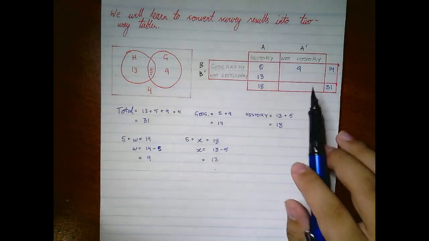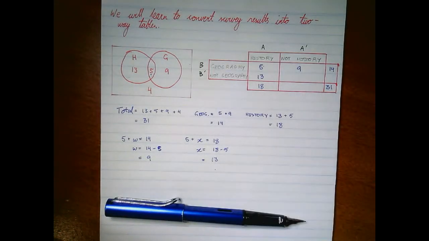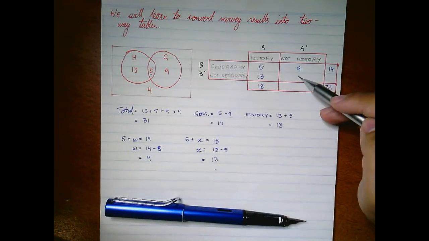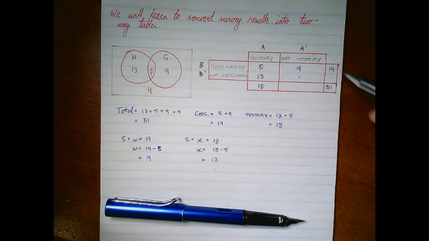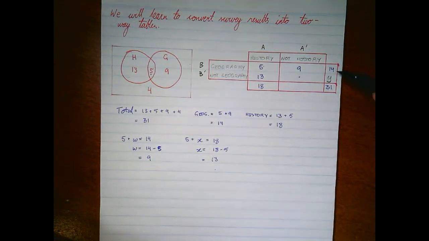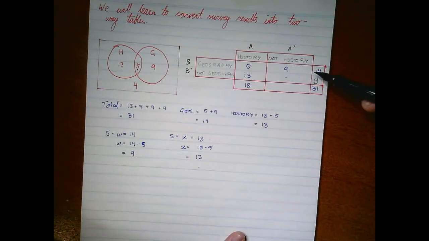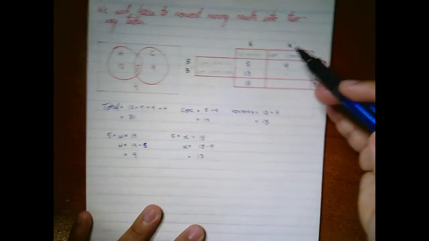Now where can we go from here? We can't solve these ones, but I can get this value here. Can you see how? I'll label that Y. This has to add up to 31. So 14 plus Y equals 31.